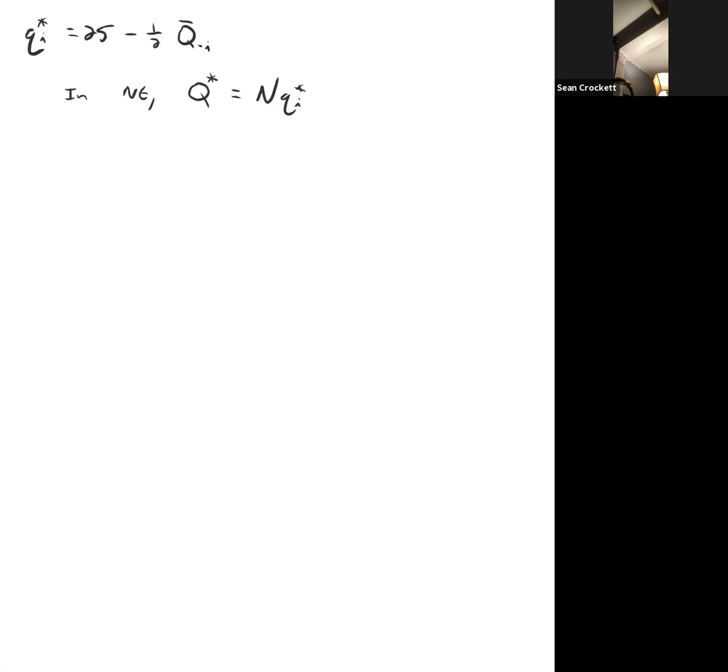Okay? And so that equals firm I's output by itself plus n minus 1 times the individual outputs of everyone else, because everyone has the same profit function, so everyone does the same thing.